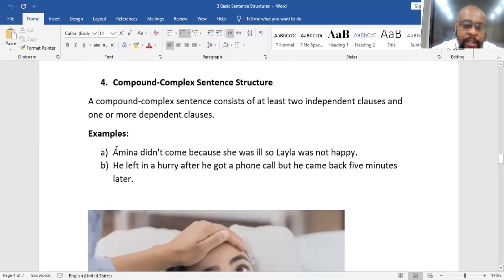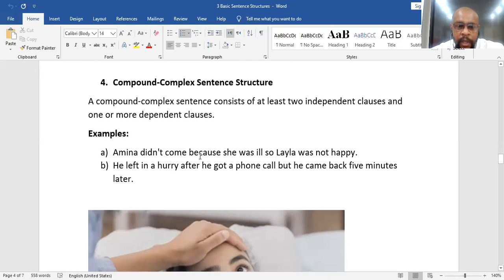The last sentence, the compound sentence structure, or rather the compound complex sentence structure, consists of at least two independent clauses and one or more dependent clauses, right? So let's look at the structure of one there. Amina didn't come because she was ill, so Layla was not happy, right?